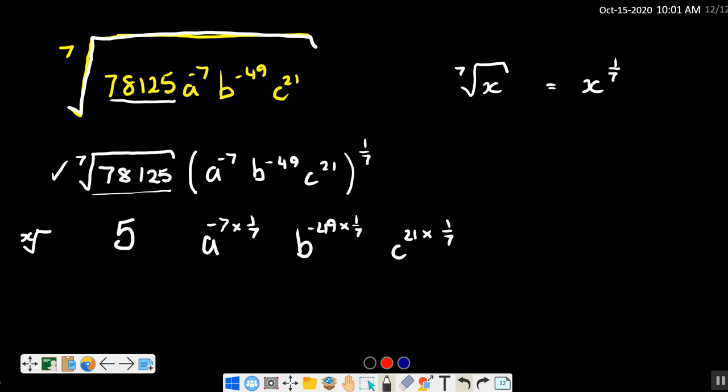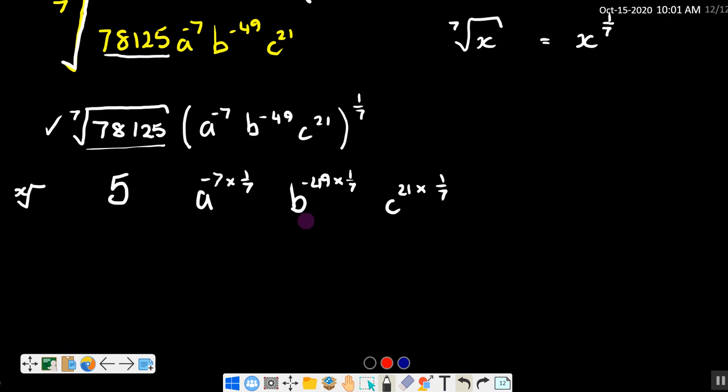Okay? Now you might be going, oh, but how am I supposed to do that? What's the same thing as multiplying by a fraction? You're just going to divide instead. So the 5 is still there, 5 multiplied. We've got a to the power of -7 divided by 7, which is -1.